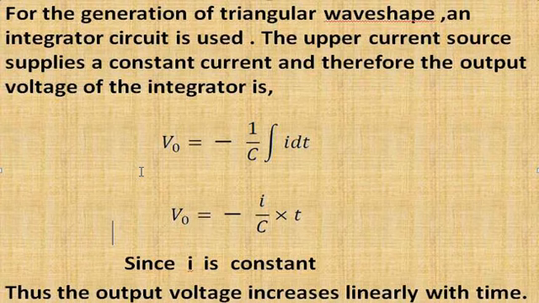As current I is constant, V0 = -(I/C)·t. Since current I is constant, the output voltage increases linearly with time.